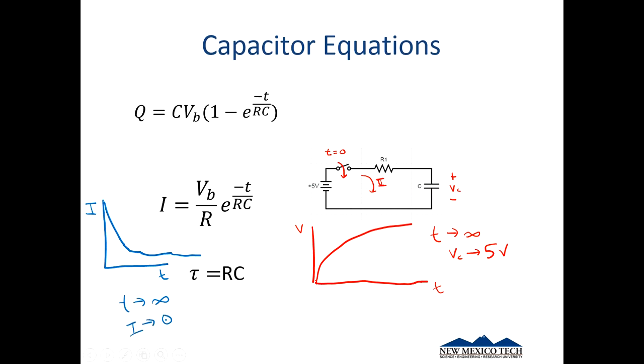After we close this switch, we're charging this capacitor. If we started with no charge, we close this, we start to charge this capacitor. Eventually, if VC were to equal 5 volts, and this is 5 volts, no current's going to flow through there anymore. So that's why I goes to 0.